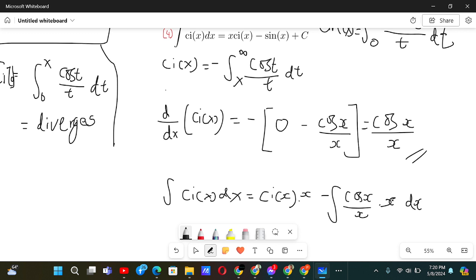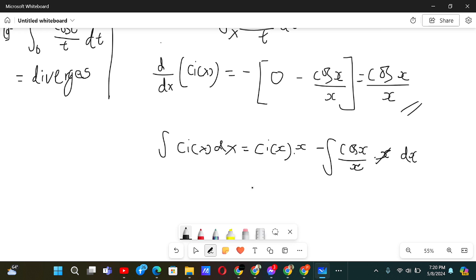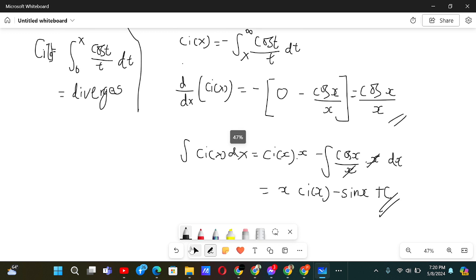Now we can see that the x and x cancel out. That's why the integral will be x times the cosine integral function of x, minus the integral of cos x, which is sin x, plus c, and this is the required integral of the Ci of x function.